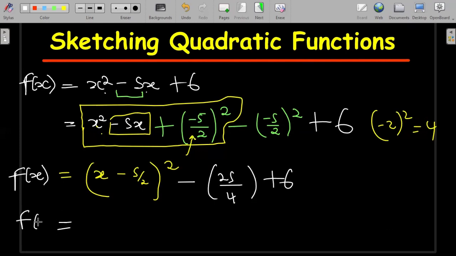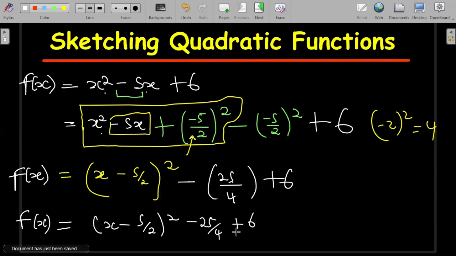So this is equal to x minus 5 over 2 squared. And then here, if I multiply this negative with this, I get minus 25 over 4, and then plus 6. But remember, 6 is the same as 24 over 4, so I can replace this 6 with 24 over 4.